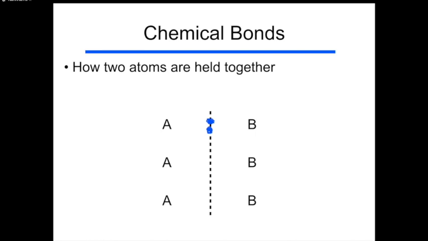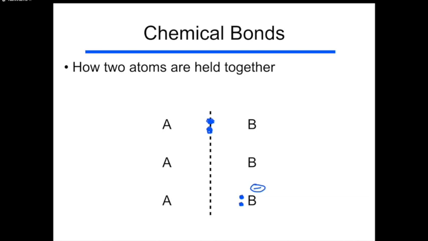The extreme is when A throws an electron in and B throws an electron in, and one of the atoms attracts the electron so strongly that an electron will be taken and gained by one of the atoms.